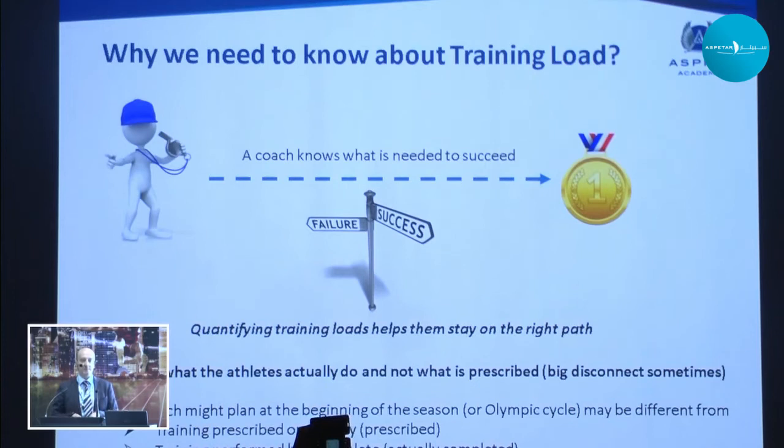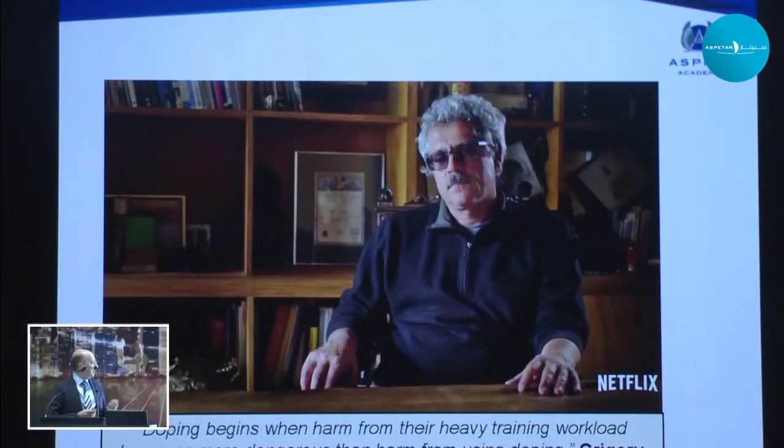So having this information already, per se, helps prescribe better training. Because if the coach is prescribing a certain amount of training and the athlete completes less than 80%, we've seen before what happens: there is a high risk of injury, or the other way around. I think this is one of the most important things to realize.